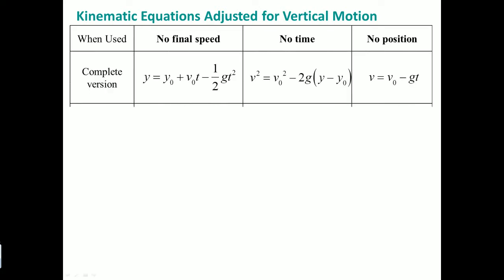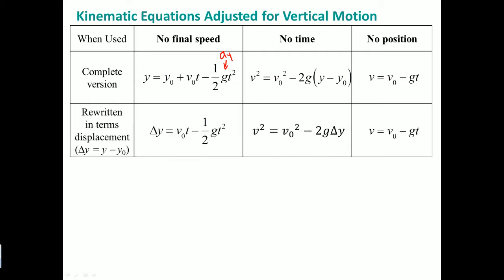Our kinematics equations can be written in terms of x or y, and when it's vertical motion, like in free fall, we write them in terms of y. Here are the subscripts. On your formula sheet, you might see this as a sub y, but the acceleration in the y direction is always gravity, so you're always going to see this as g.